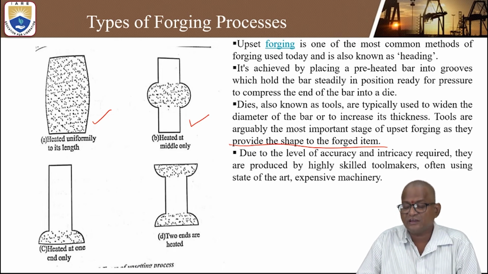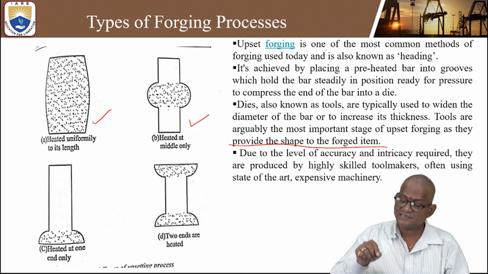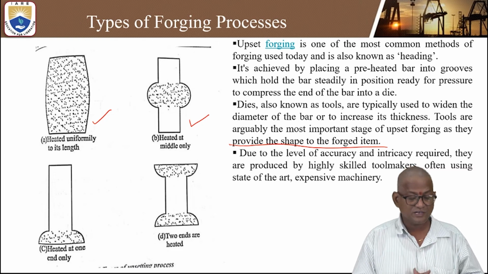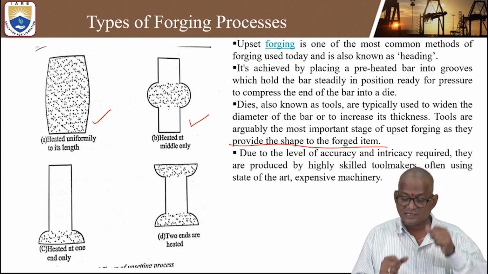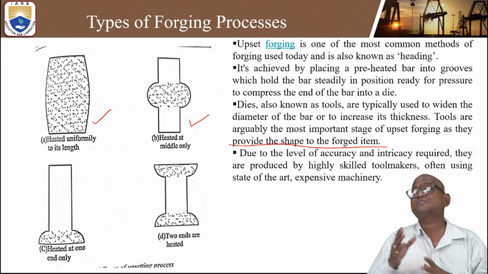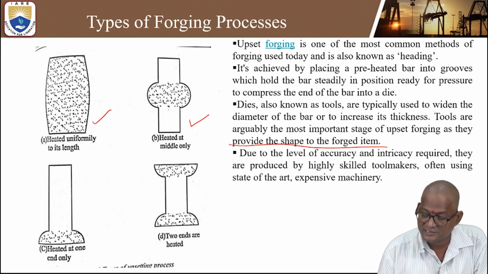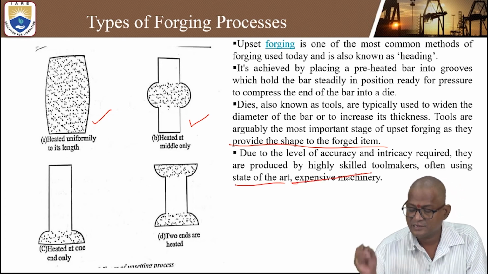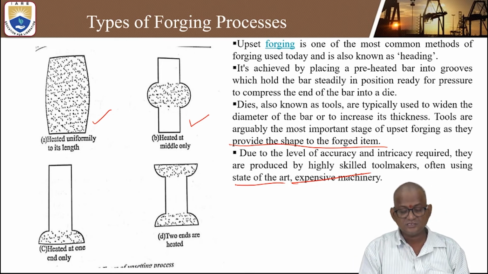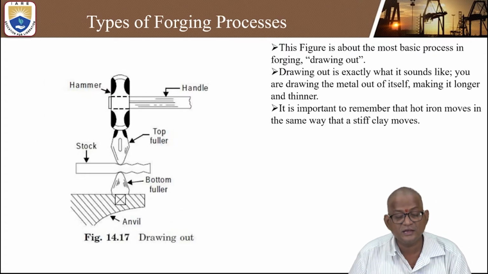Due to the level of accuracy and intricacy required, they are produced by highly skilled toolmakers, who often use state-of-the-art and expensive industrial equipment. This is another interesting point. Such equipment is widely used in this upsetting process.